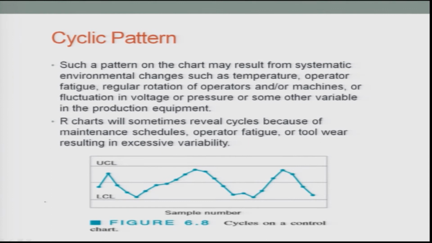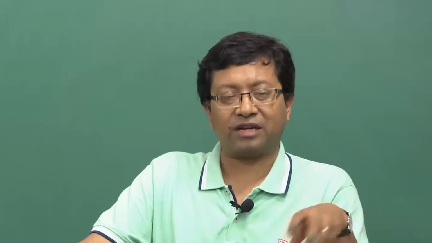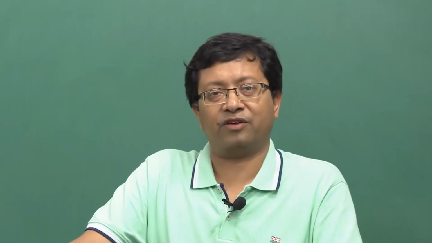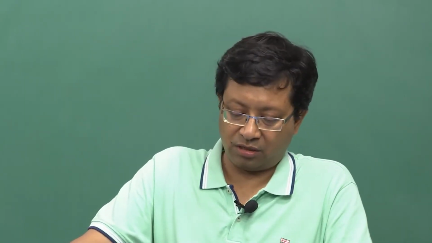Or there may be regular rotation of operators, for example in the first shift you use an operator who is very skilled, and in the second shift you use an operator who is not that skilled. If that pattern of labor utilization is the same, obviously that cyclicity would be very evident from the process control charts.